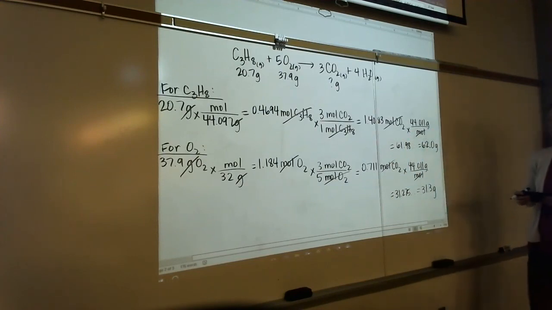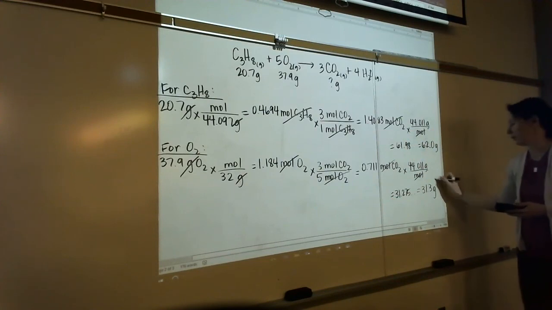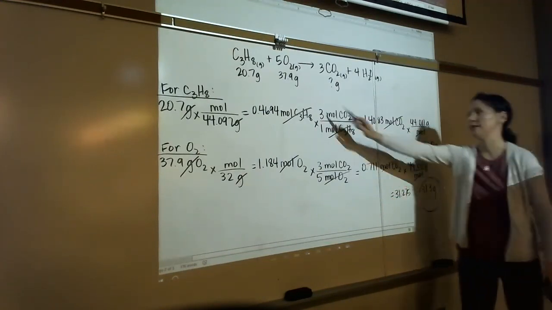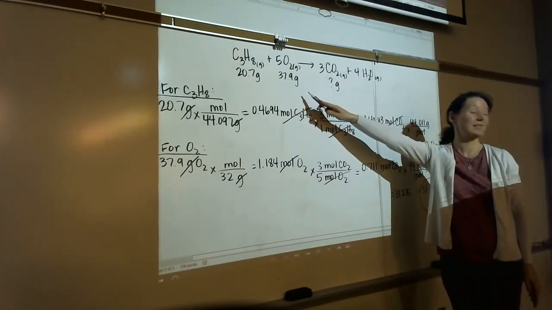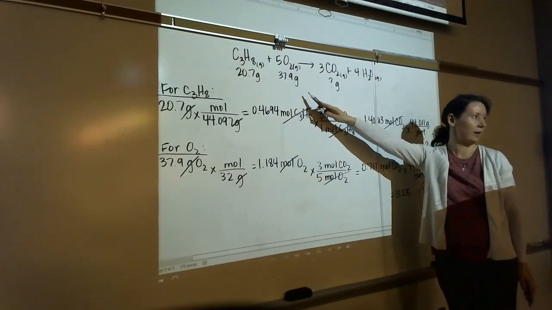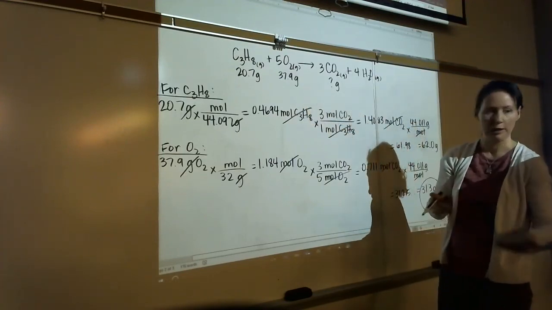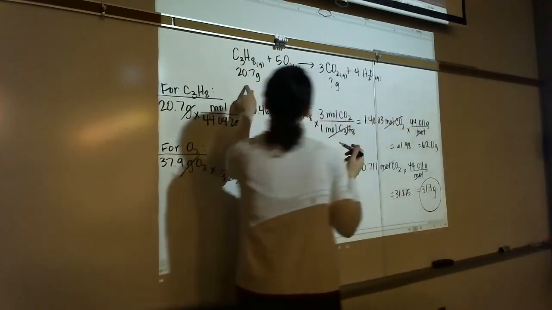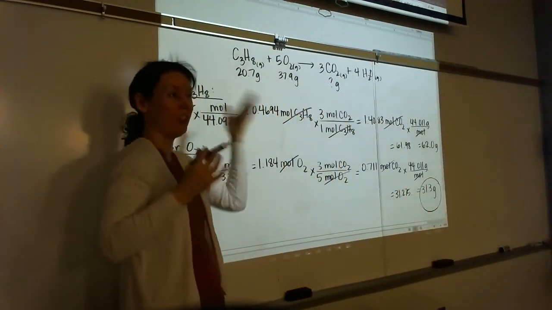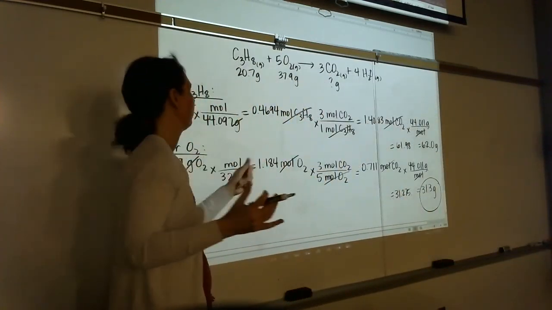So which is the theoretical yield, 62 or 31.3? 31.3. Notice this was the bigger number, and it's the limiting reagent, right? So you cannot make the assumption that, oh, I just picked a smaller number and that's the one I run out of first, right? It's not like baking in that regard.